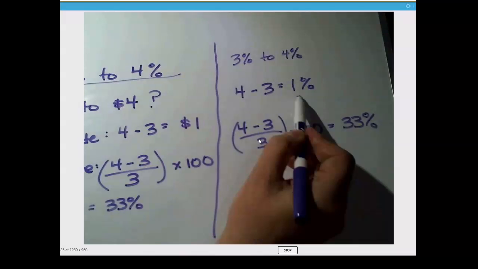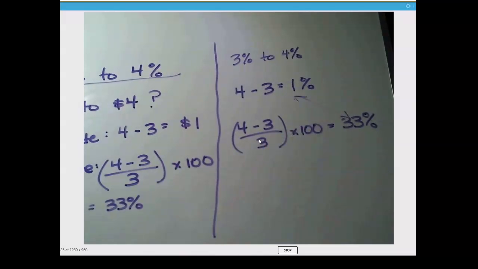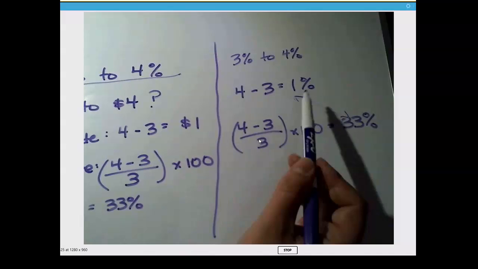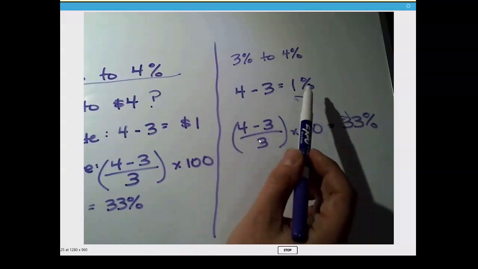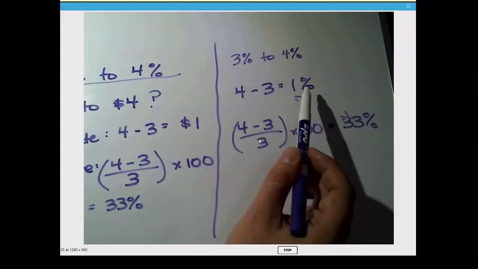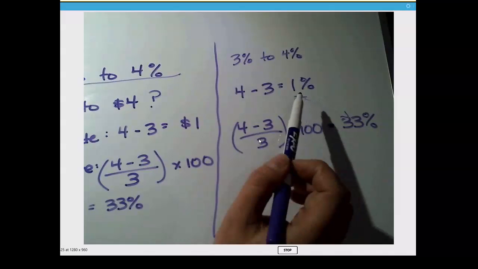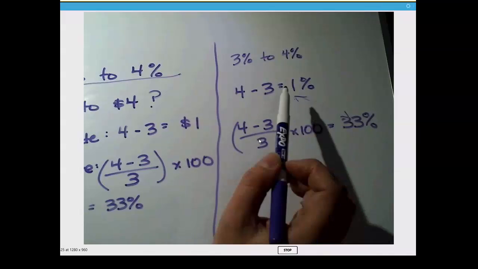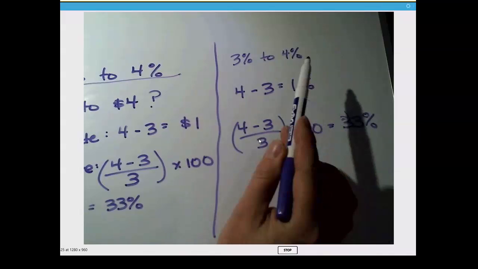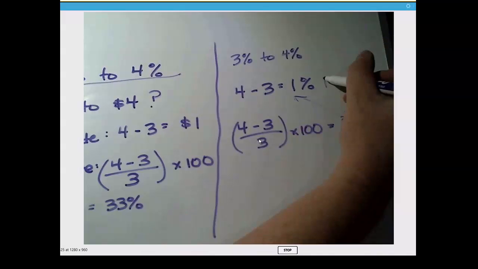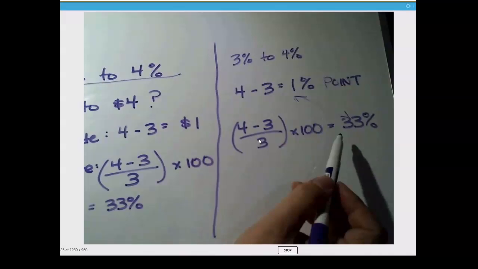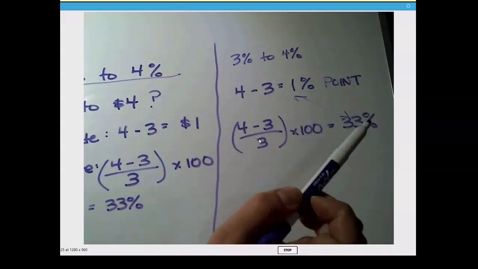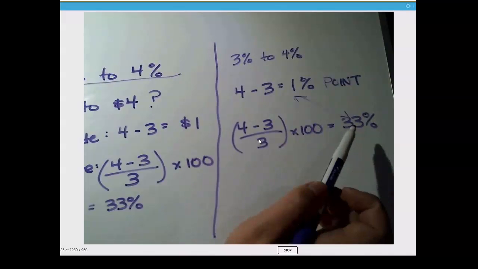How can it be 1% and 33%? It can't be. So the problem is when you're dealing with percentages and you're doing change questions on them, you've got to label them specifically so that it's not misleading. This changed by 1 percentage point. So you put the word point on the end. And this represents a 33% actual change.